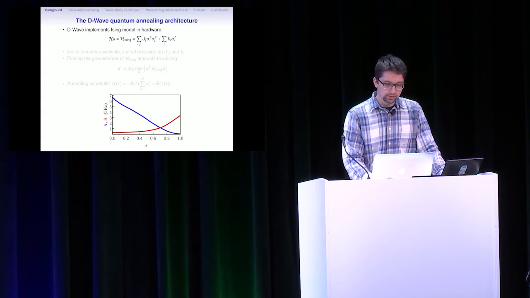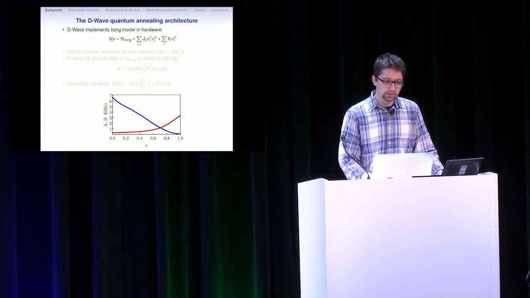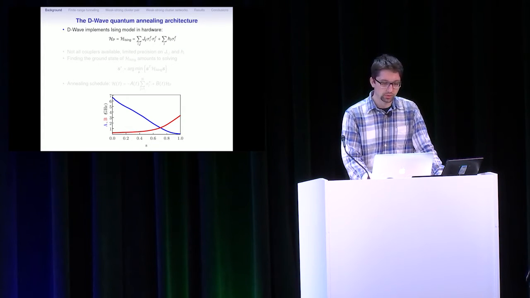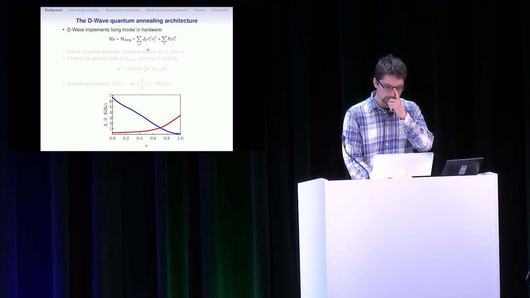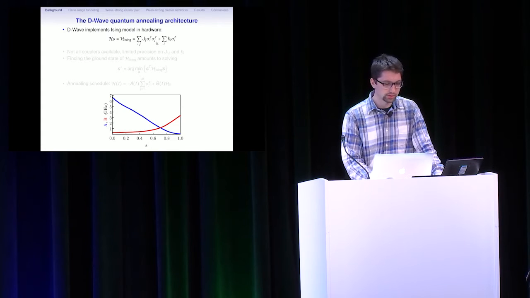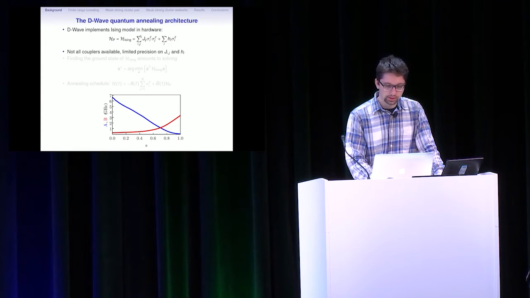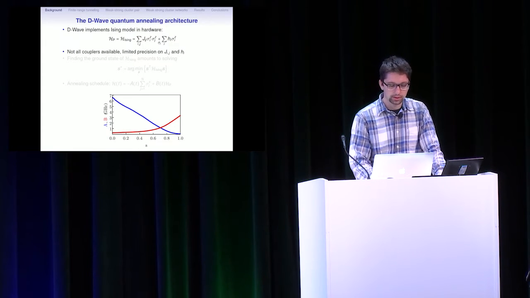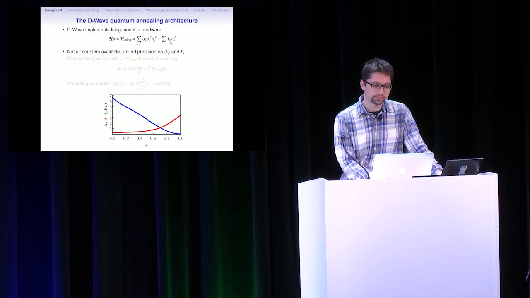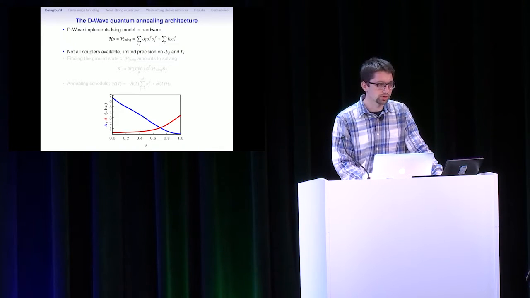So D-Wave has been working on implementing this quantum annealing algorithm in hardware. In particular, the problem Hamiltonian of D-Wave is the Ising model, which looks like this. The difference is that it's not actually this general Ising Hamiltonian because in the D-Wave machines, for engineering reasons, not all couplers are available.